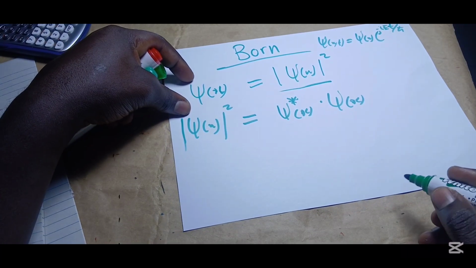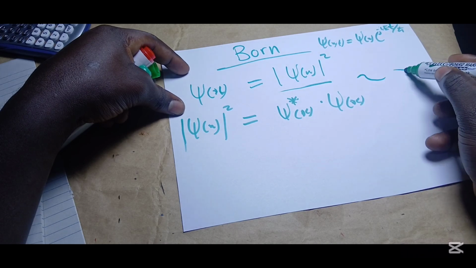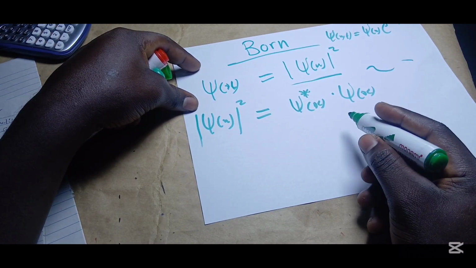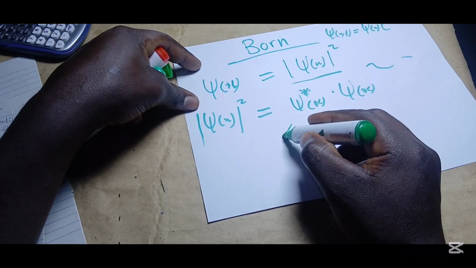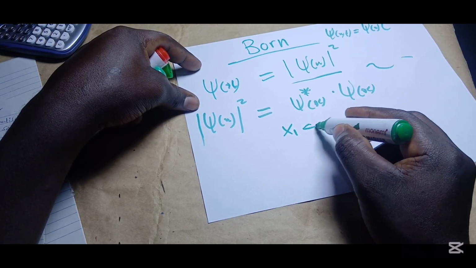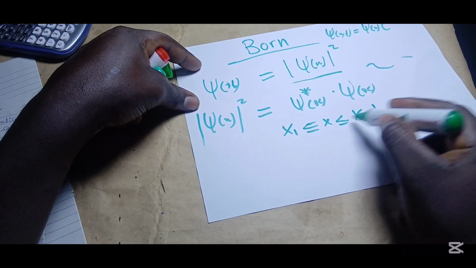So let's say looking at a particular space, we are to find the probability of finding an electron within the space which ranges between x1 and x2, right?